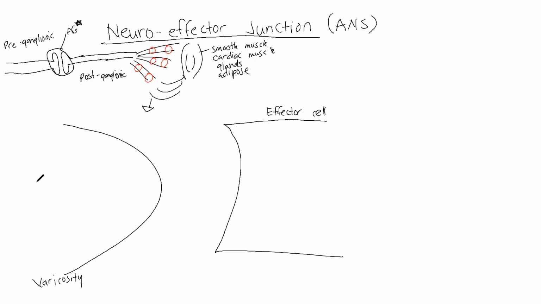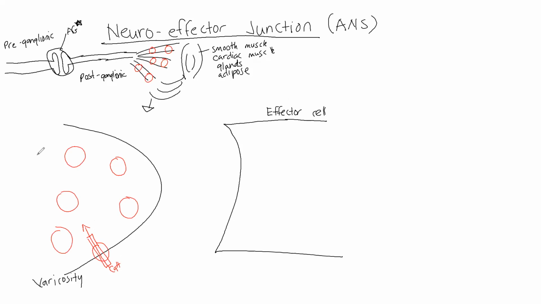Okay. And so we know that the action potential propagating all the way down this axon is going to get to the end of the axon, and it's actually going to trigger the same type of events that we've seen at a traditional synapse. So it's going to influence voltage-gated calcium channels on the membrane, such that calcium rushes into this varicosity, and we've got these vesicles stored in the varicosity.